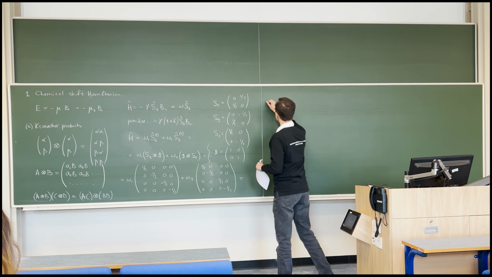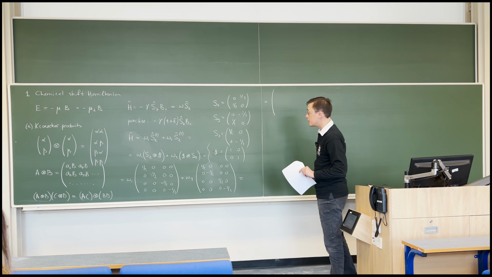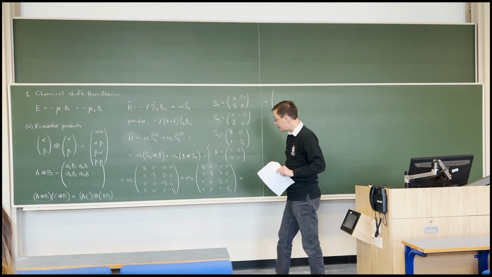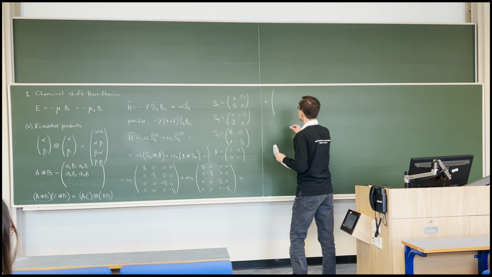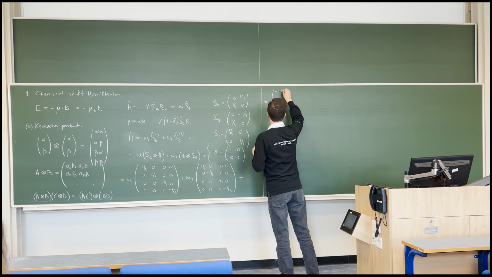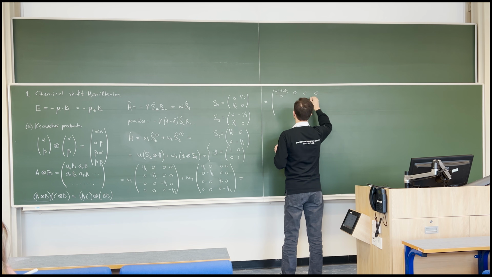Let's first take a look at them, plot them, and then they will come in handy when we start dealing with the J-couplings. So the top level: omega 1 plus omega 2, divided by 2, then 0, 0, 0.